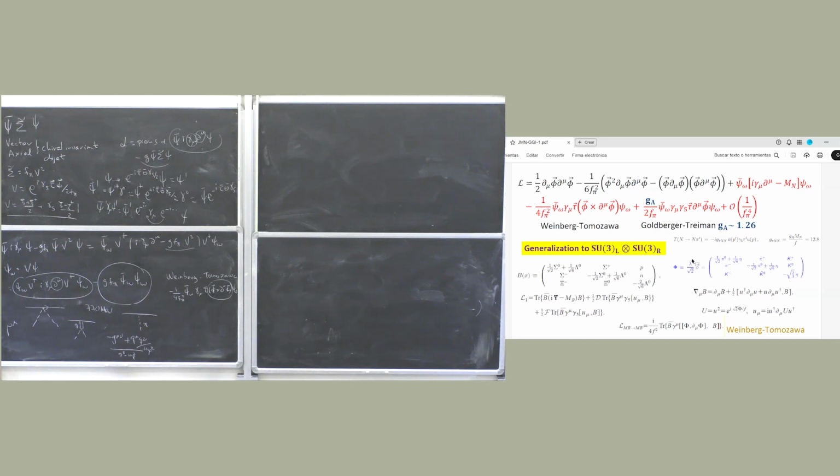Okay, what happens? What happens if I am in an energy regime, in a momentum regime, where all the momenta that appear are much smaller than the rho mass? Because I am doing a theory only for pions and I am taking only the leading order, right?